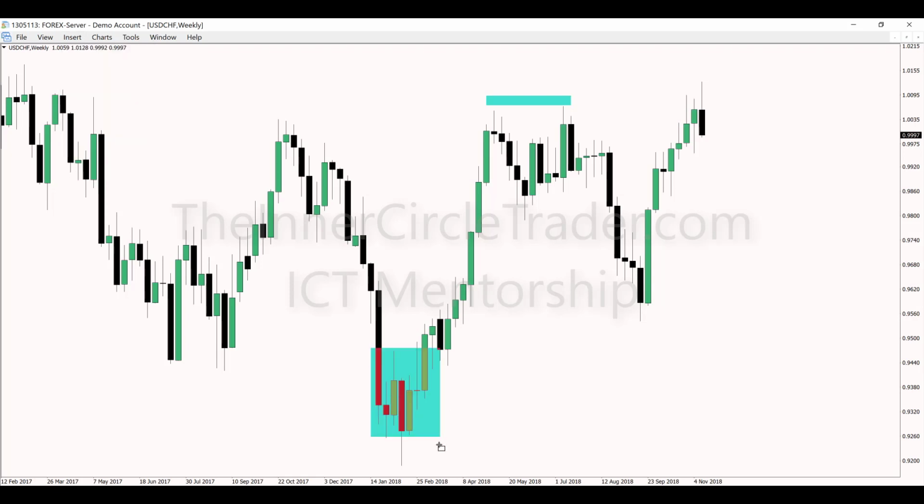So we have a consolidation in here. Usually I do this in green, but I'm just going to do it as just a real quick shading. And then we have our other consolidation up here.